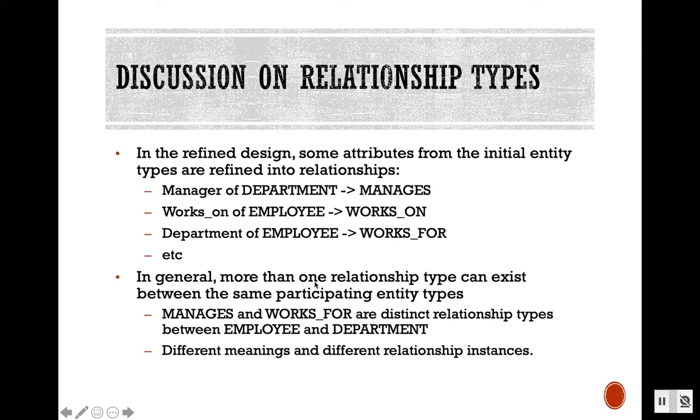More than one relationship type can exist between the same participating entity types. For example, between employee and department there are actually two relationships. The manager relationship connects both employee and department, and works for also connects employee and department.